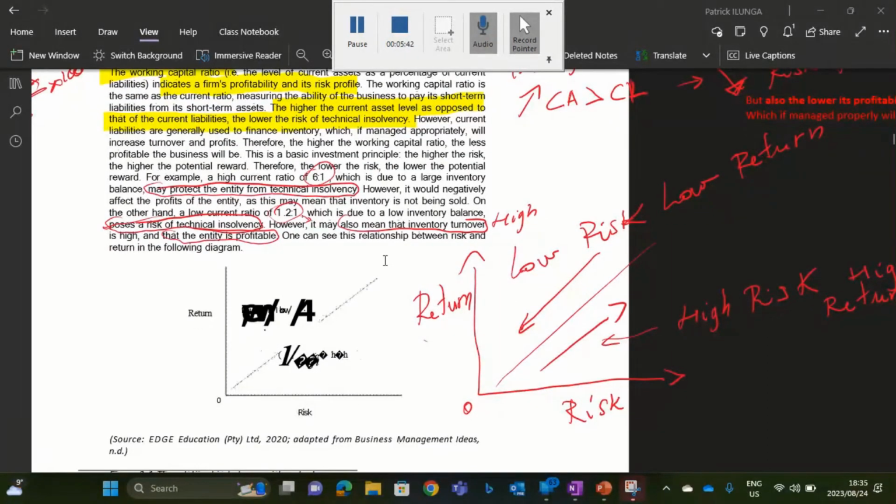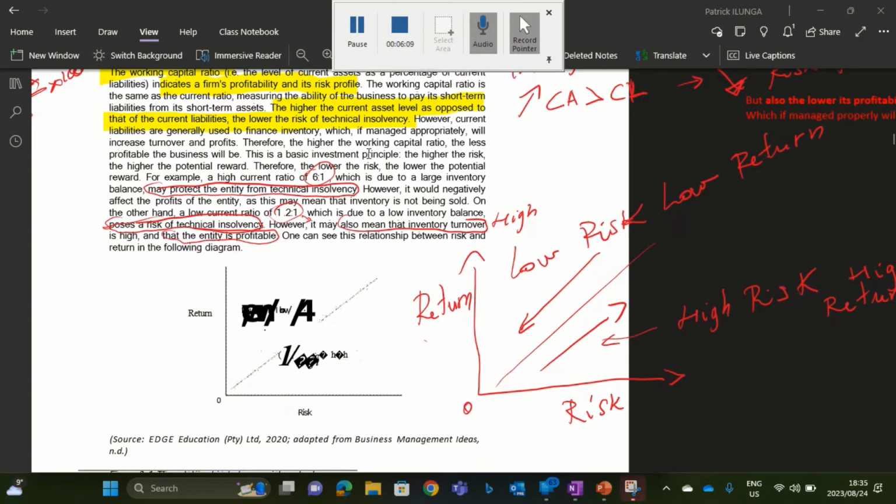So let me emphasize here that the risk is beneficial for a company, for example, when we take more inventory on credit and we run a smooth business that converts that inventory into cash.